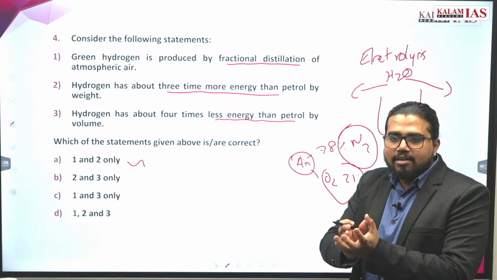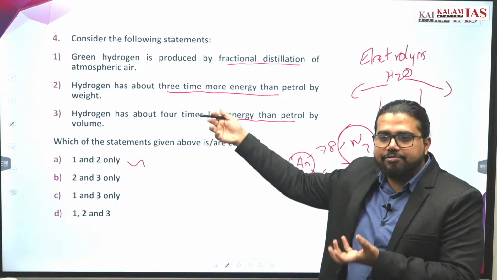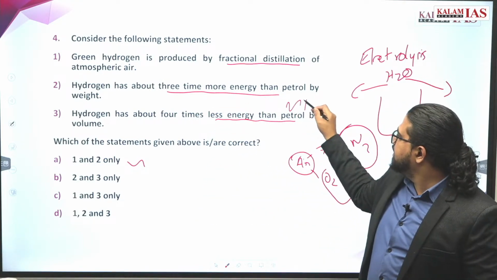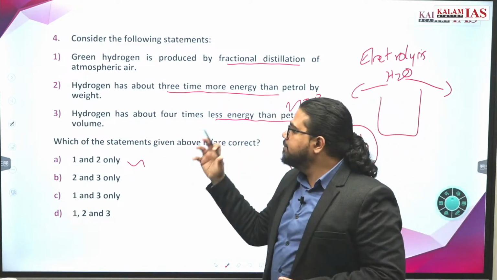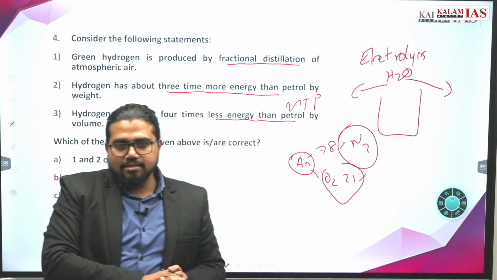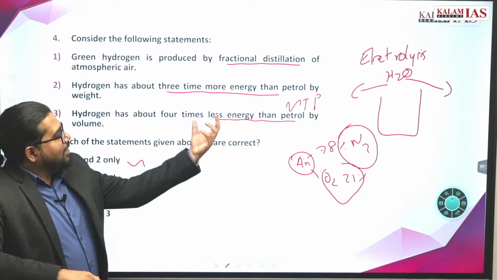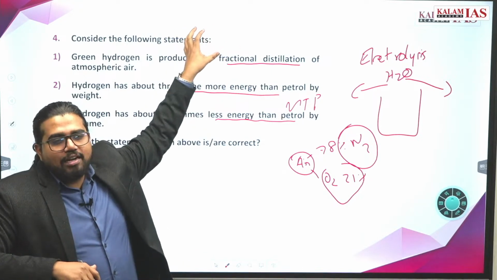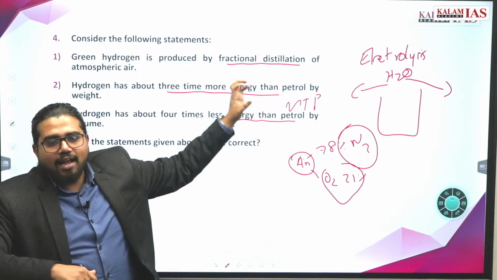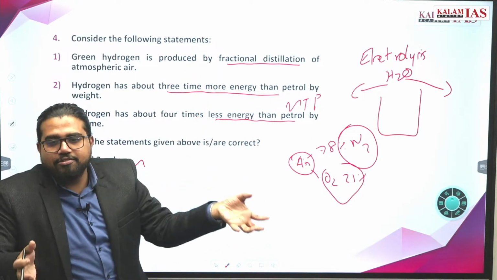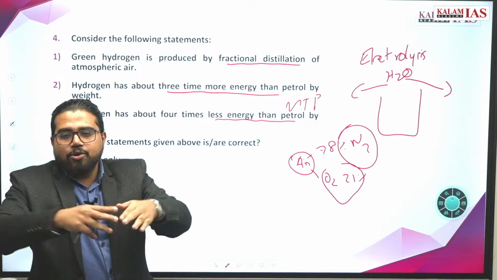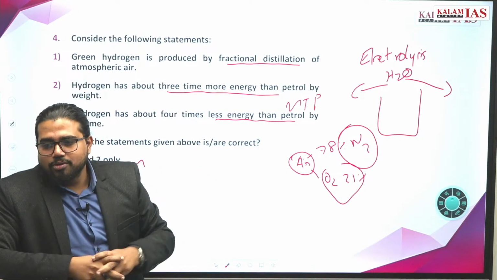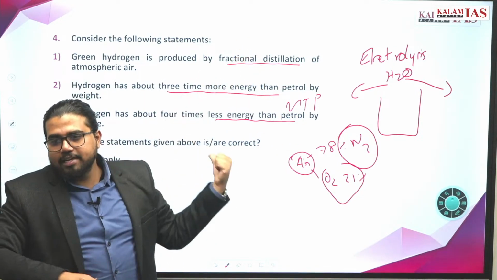Petrol is liquid, hydrogen will still be in gaseous state, and at normal NTP levels, by volume its energy level is much less. So the idea is you should not depend so much on this. You can apply the fractional distillation concept: hydrogen is not available in air, it has to be obtained by splitting H2O. With this much concept you will directly get the answer.